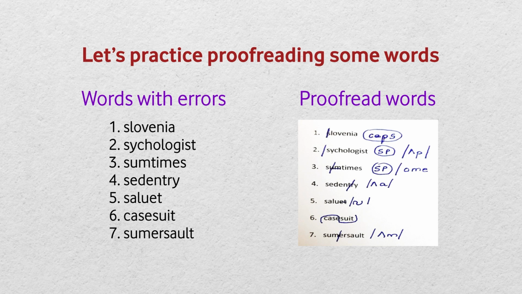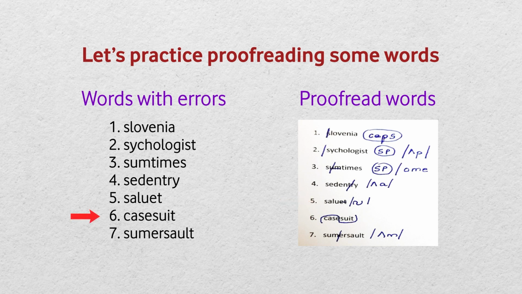In the fifth word, salute, the last 2 letters of the word need to be transposed. So I have a proofreading symbol for transposition, switching the position of the 2 alphabets so that they can be corrected.